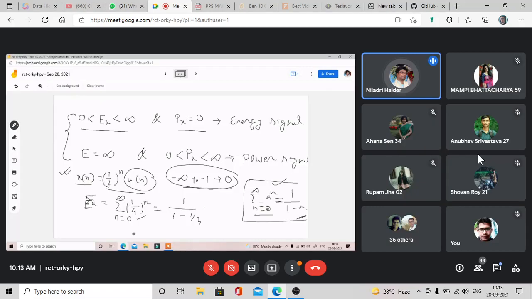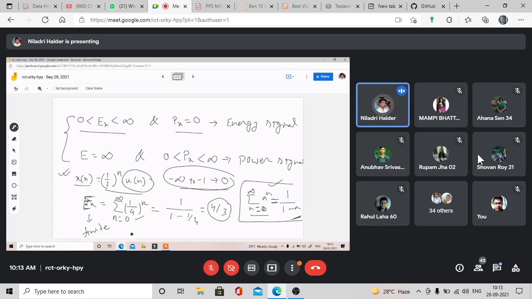That is, I think if you do the calculation, 4 by 3 something will come like that. That is a finite value. So Ex you are getting finite. Means the energy of the signal you are getting is finite.